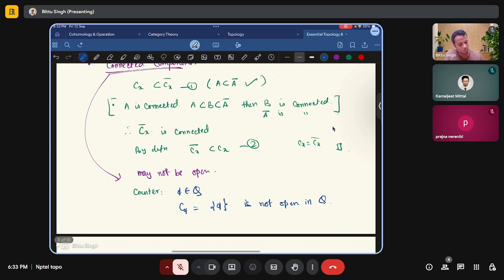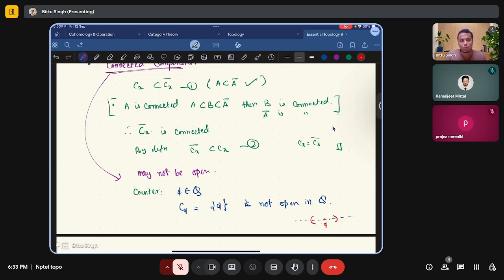Let me draw Q, the rationals. Q will look like a line, but it will be dense. Take a rational number q in that line, then take any neighborhood.